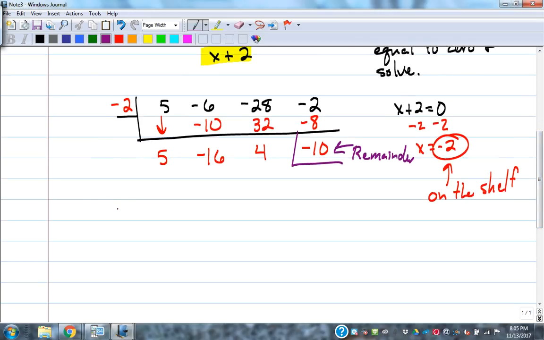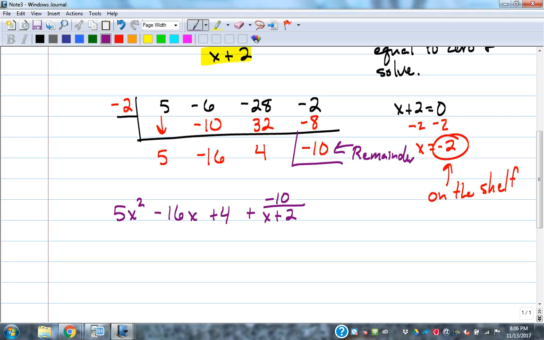So our answer is 5x squared minus 16x plus 4 plus negative 10 over x plus 2. Synthetic division always takes the degree of your polynomial down by 1. This one started with 5x to the third.